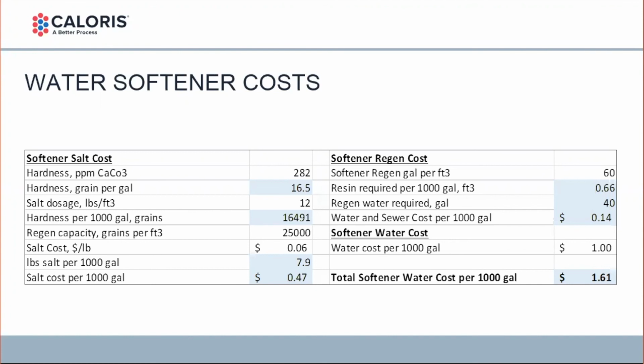The cost to regenerate a softener is only 14 cents per 1,000 gallons. And the water cost, again, is $1 per 1,000 gallons. So the total cost to run 1,000 gallons through a softener is $1.61.